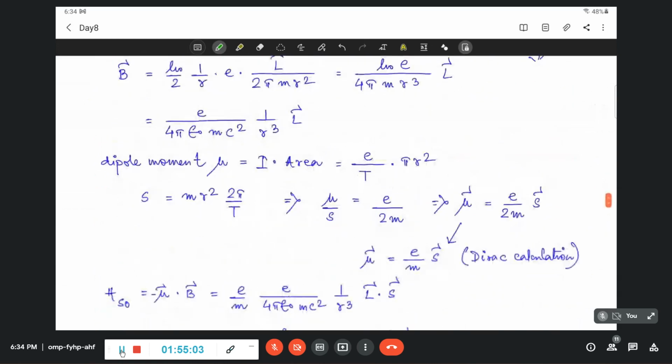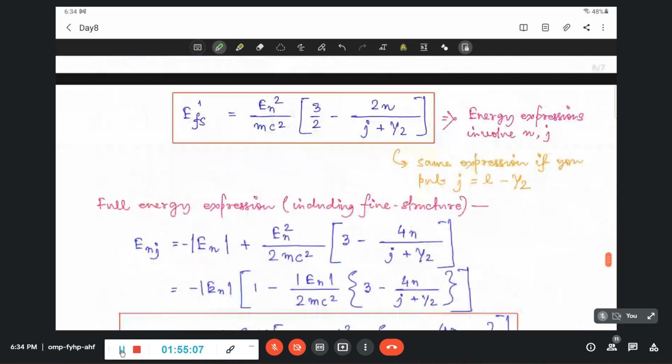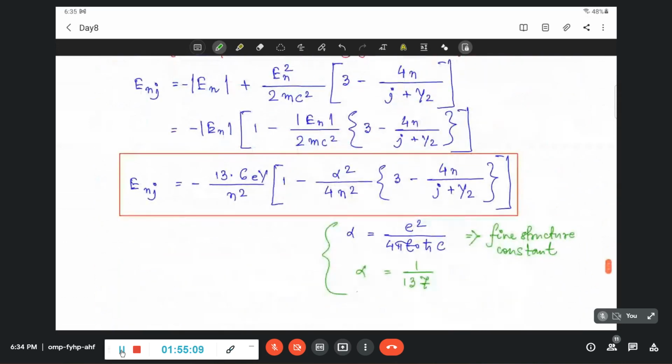And the important thing to note is that this expression has a factor alpha squared, where alpha is the fine structure constant. It is very small, and it is very important also. The measurement of the fine structure constant is very crucial in our field of physics, that is particle physics. For extremely precise measurements, you need to know the value of alpha to a very high degree of accuracy.